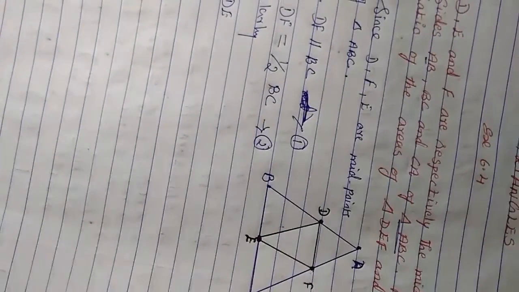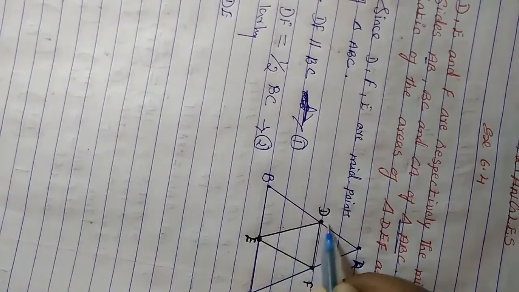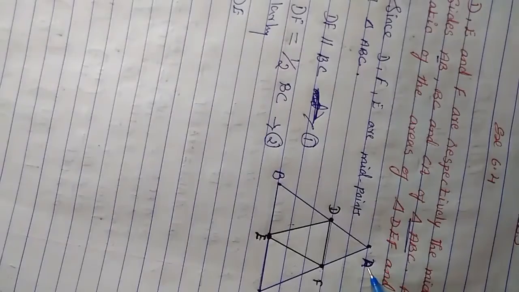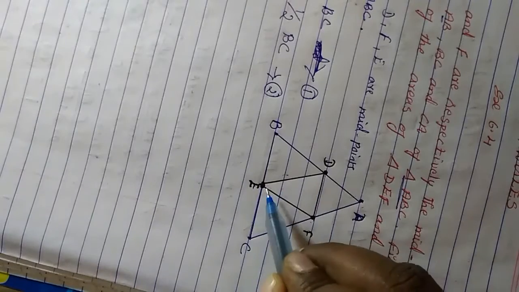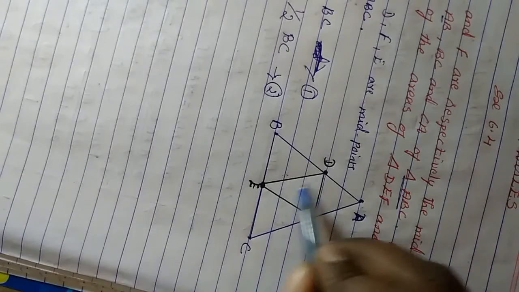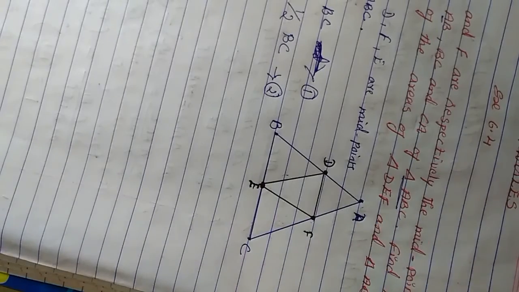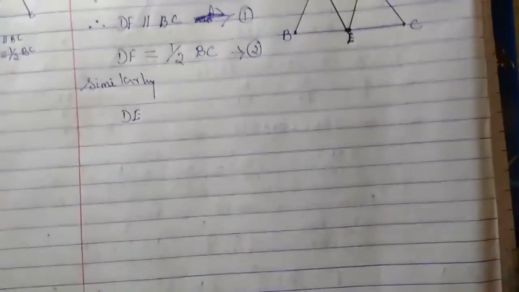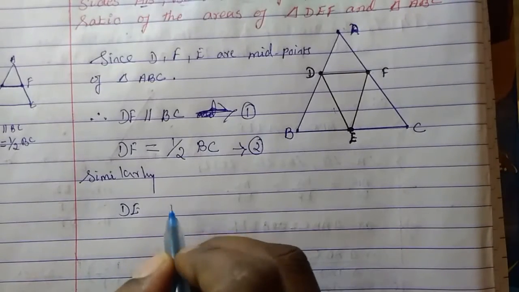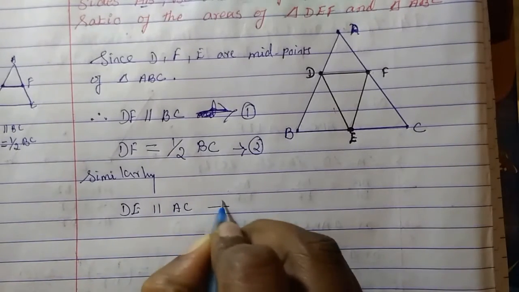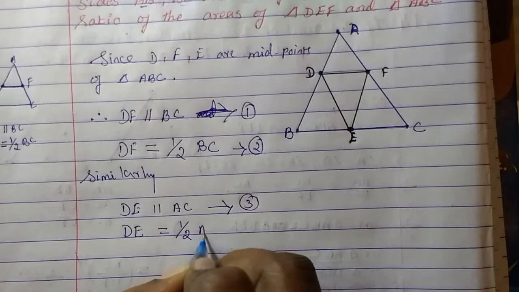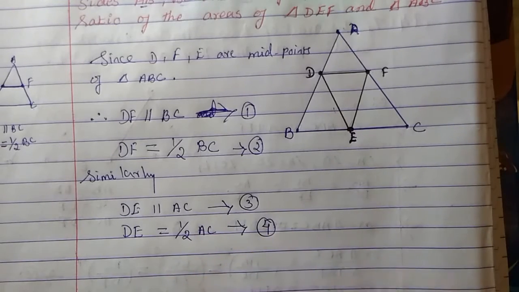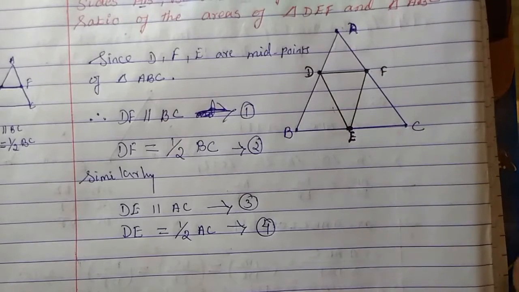Similarly, now DE will be parallel to AC, and DE will be half of AC. Let's take DE parallel to AC as equation 3, and DE equal to half of AC as equation 4. Okay, so let's keep these equations.